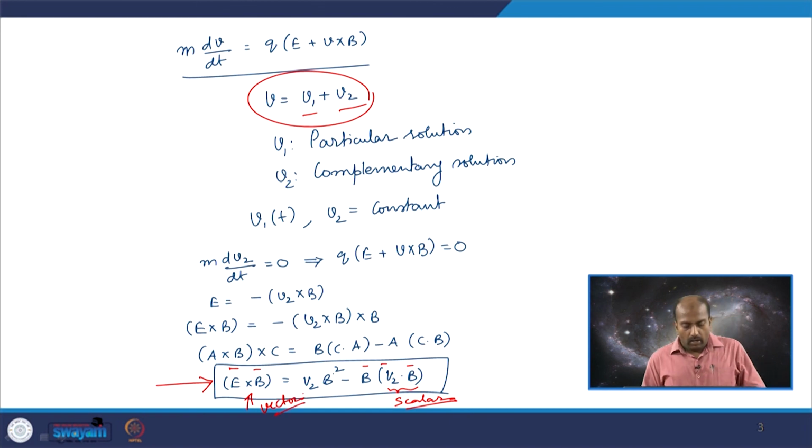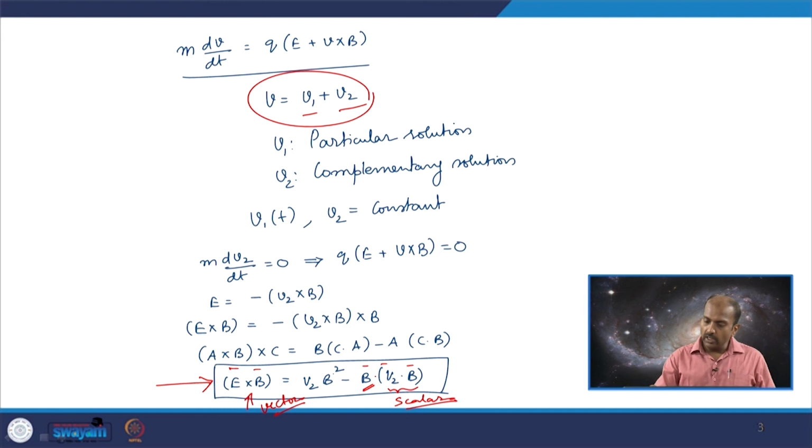A scalar multiplied with a vector will still be a vector in the same direction. The scalar multiplication is not going to change the direction of the vector.